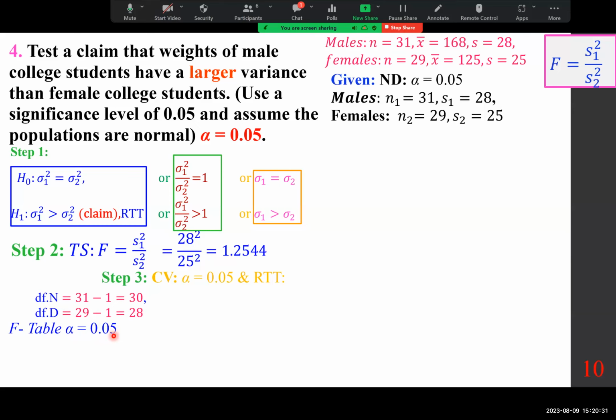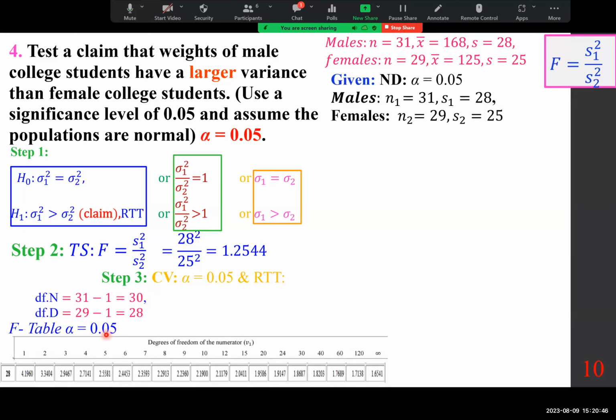Alpha is 0.05 because they have tables with alpha being different, for example, alpha equals 0.01. So the very first thing you need is the proper table, proper choice of alpha. And when you look at that, up here we have degrees of freedom for the numerator. In this case, you're looking for number 30.